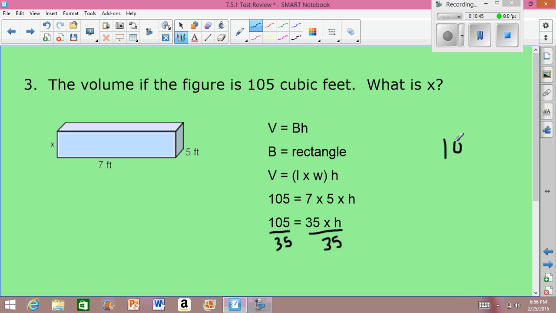And if I do that work, 105 divided by 35, it is going to go in evenly 3 times. 3 times 35 is 5. Carry the 1. We get 105, and I have none left when I subtract. So that means our missing value for h, or x in this case, is 3 feet. If it's a multiple choice question, you can plug in the numbers and see which one makes a true statement. So please pause here and record the work for this problem.